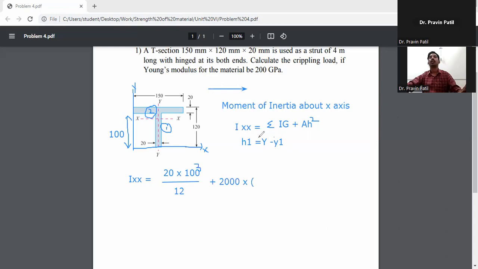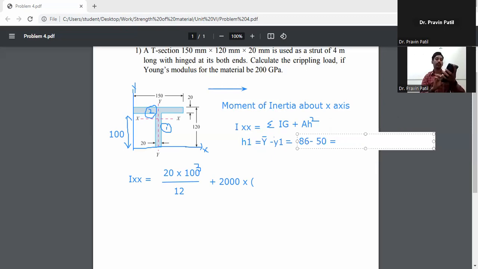So how much is y bar? Y bar is 86 mm, minus y1. Y1 is 100 by 2, that is 50 mm.